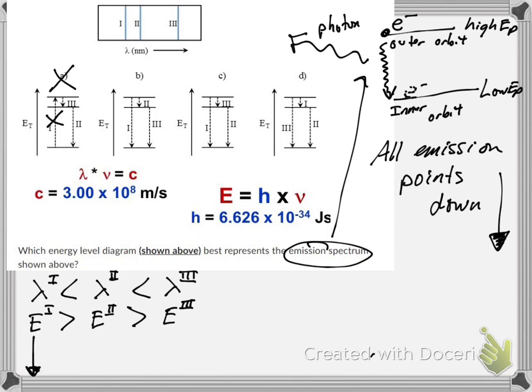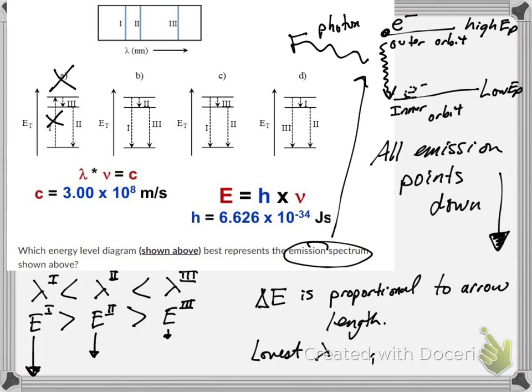If we were looking at the arrow length based on this relationship, Roman numeral 1 would have the longest arrow because it's the highest energy. The energy 2 would be a little bit shorter, and then the shortest arrow would be energy 3, primarily because it has the lowest energy. So energy is proportional to arrow length.